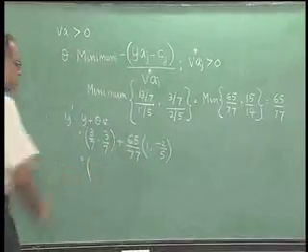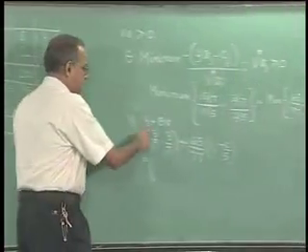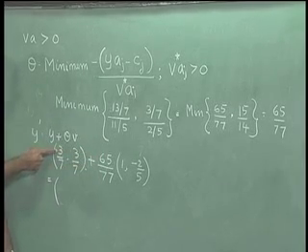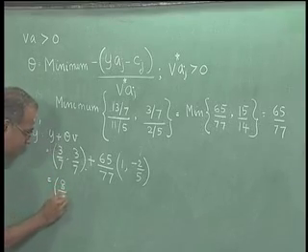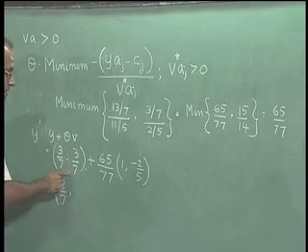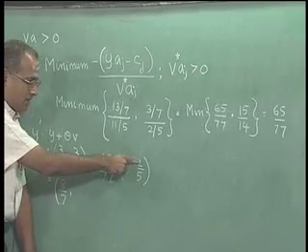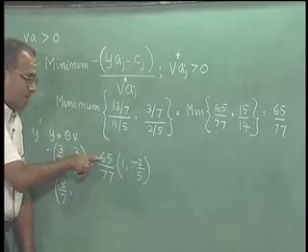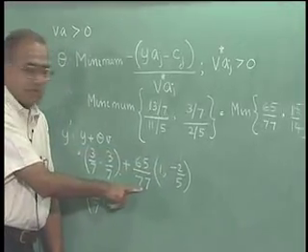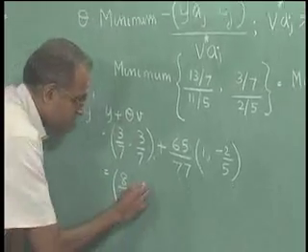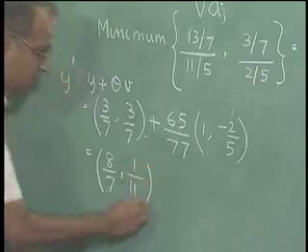So this is 3 by 7 plus 65 by 77, this is 33, 65 plus 33 is 88, 88 by 77 is 8 by 7. This is 3 by 7, 65 into minus 2 by 77 into 5, this will go 13 times, minus 26 by 77, this is 33 by 77, so 7 by 77, which is 1 by 11.